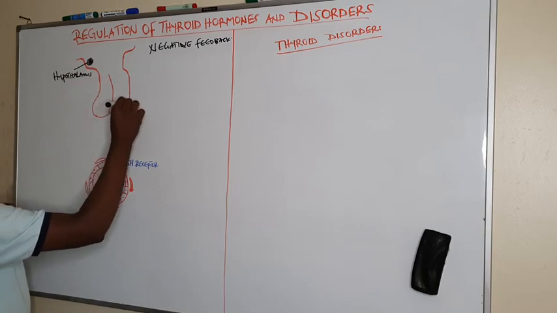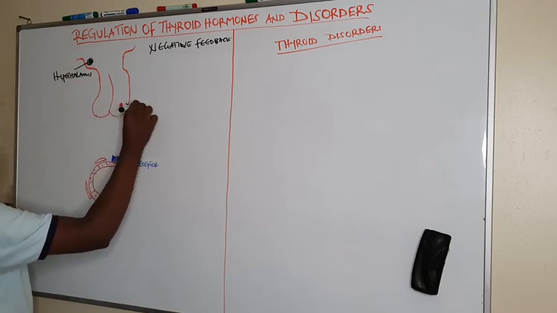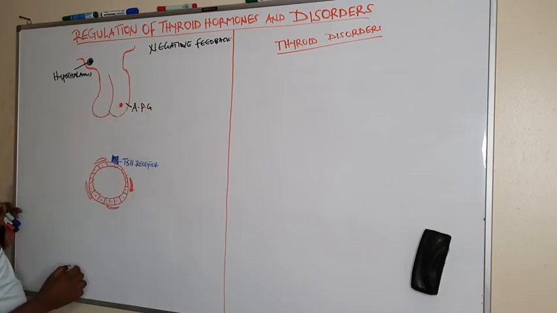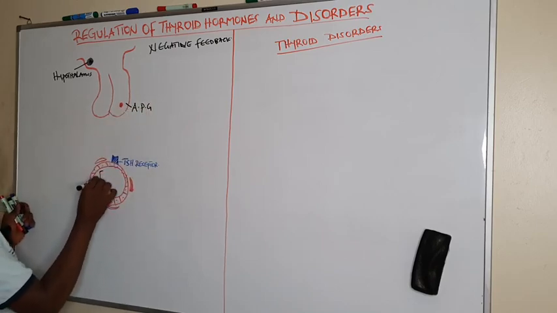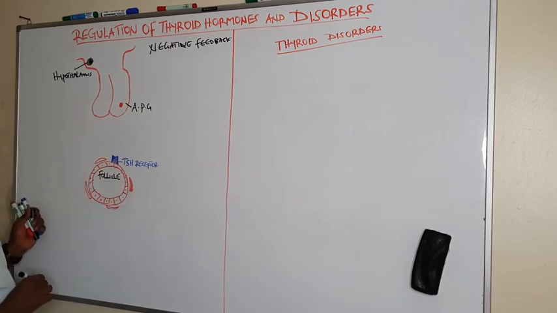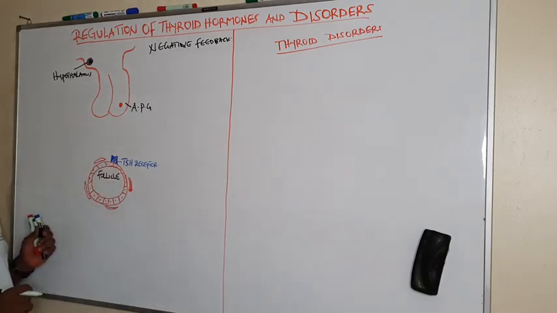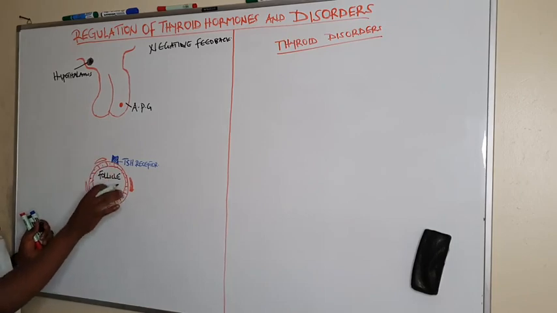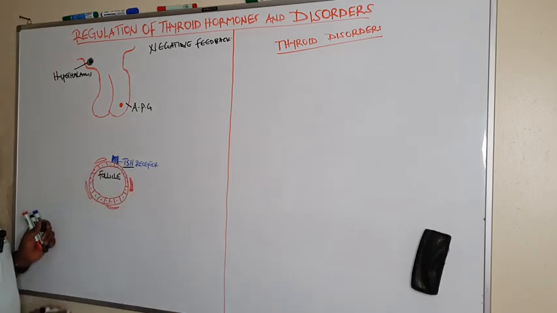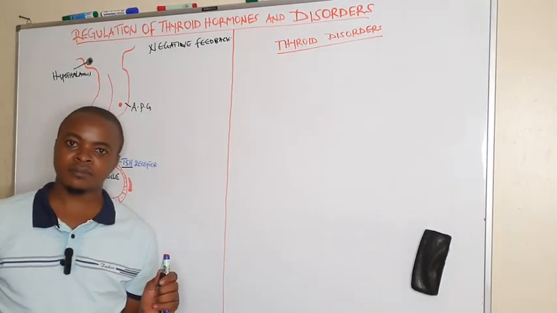Then we are going to see the interplay of anterior pituitary gland. Then this is the follicle of the thyroid gland, what we call follicular cell with the cuboidal epithelia. And this follicular cell of the thyroid gland has a TSH receptor.